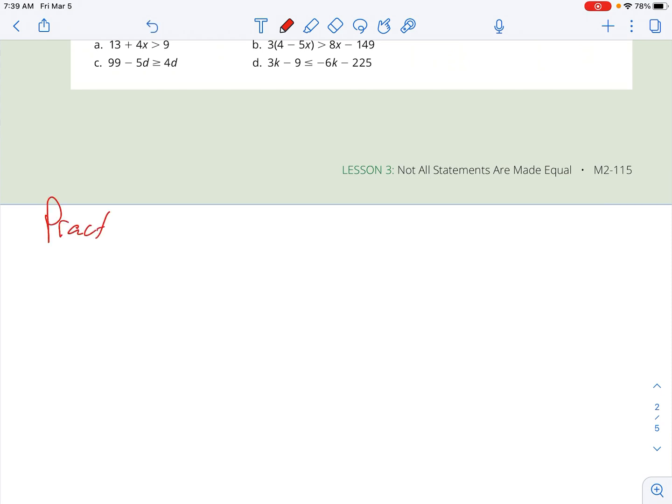So I'm going to do that right down here. So practice number 1. All right, for part A. Okay, your costs here, we're going to use C and G. C of G is going to be equal to the cost of gas, so $3.25 a gallon.